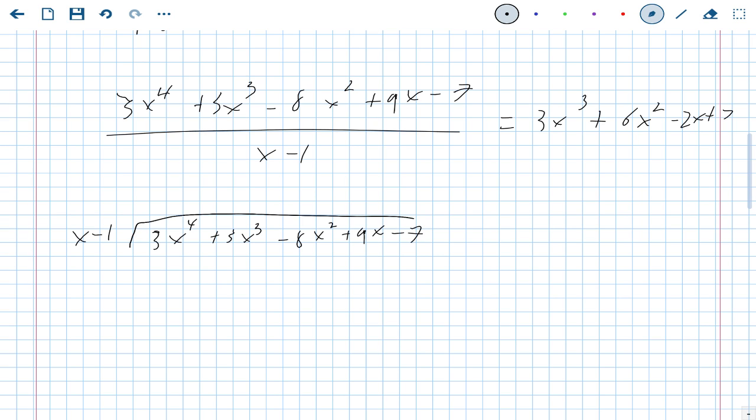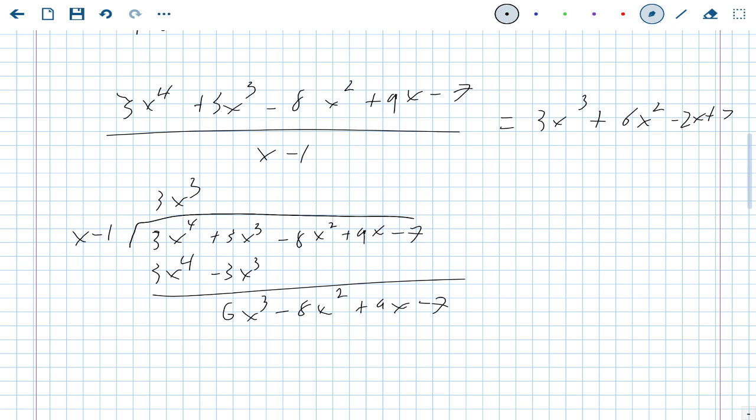Anyways, if we do this, we can see that if we multiply this by 3x cubed, then we get 3x to the fourth minus 3x cubed, and then this gets us to 6x cubed minus 8x squared plus 9x minus 7.